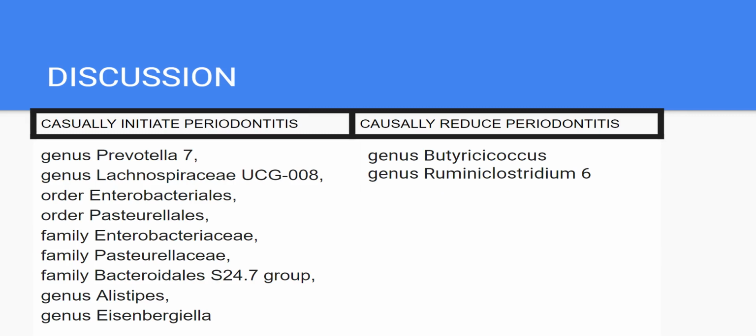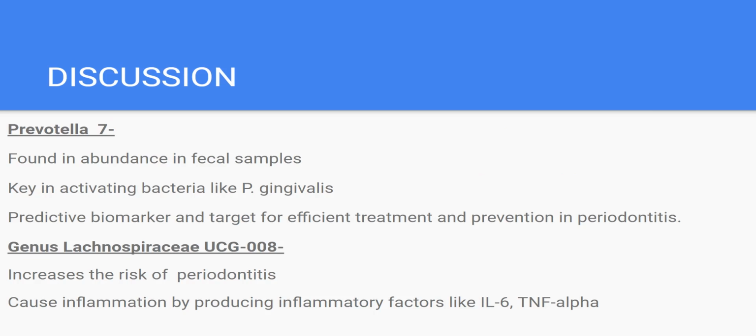Okay, so Prevotella 7, they found it in the fecal samples, and it was a key factor in bacteria like Porphyromonas gingivalis. So it was inducing Porphyromonas gingivalis, and this bacteria is known for its role in periodontal diseases like periodontitis.